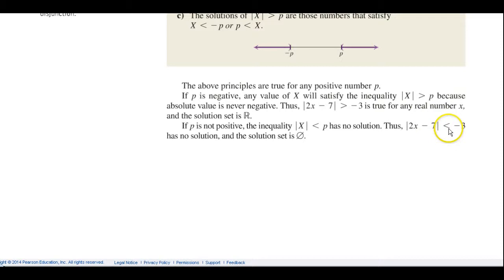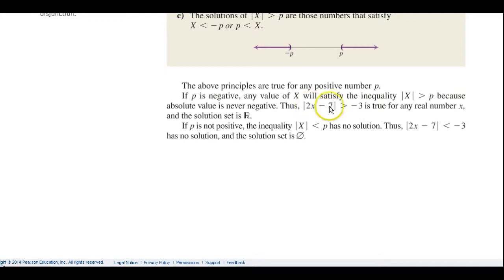But if it says it's less than a negative 3, this one has no solution. So whether you're going to remember this or not, I would strongly advise that you write this rule down, because that's a little tricky there.